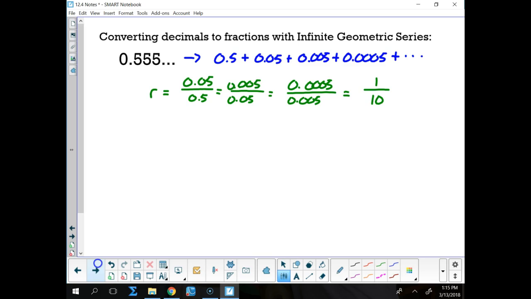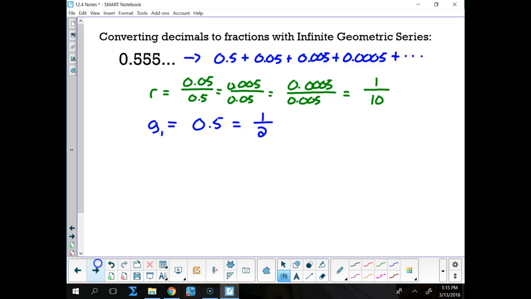Yeah, because it's in my negative 1 to positive 1 range. Okay? If that's the case, what is my first term of this series? 0.5. Can I write 0.5 as a fraction? 1/2.